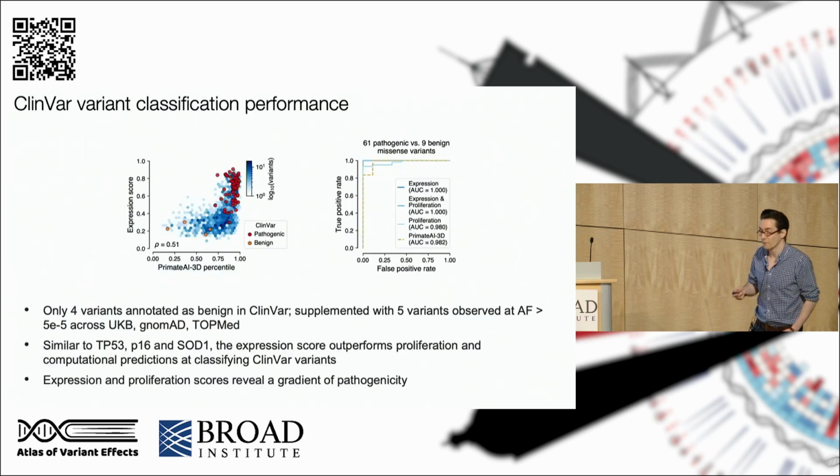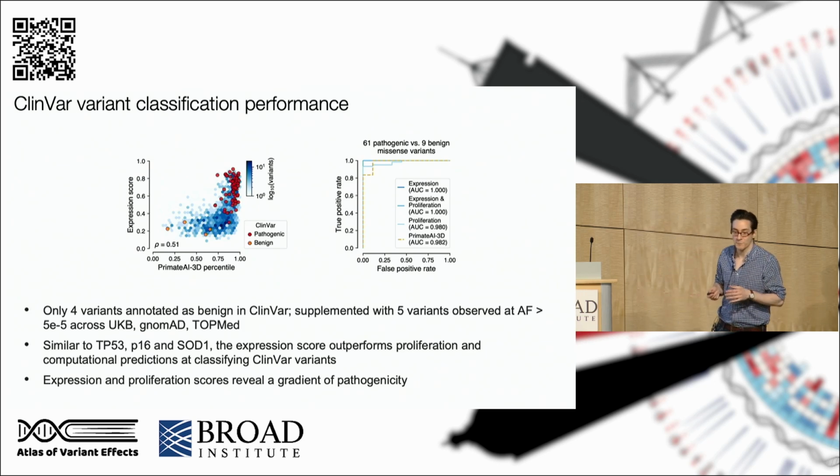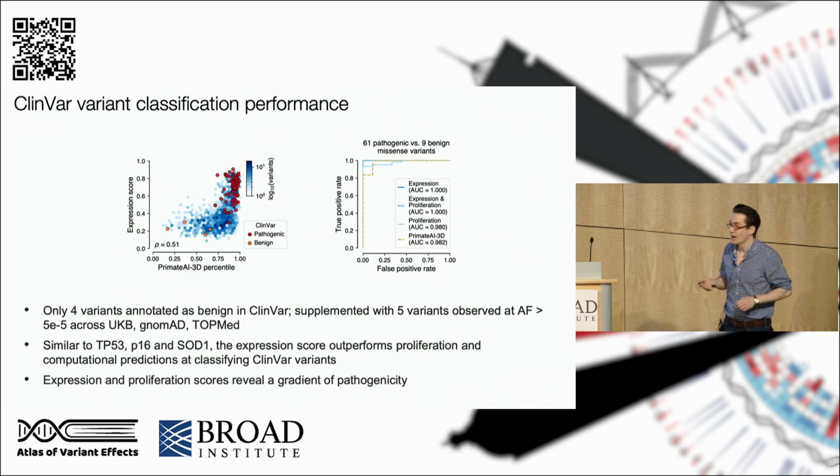We then, of course, want to benchmark the performance of our scores. And this can be quite challenging in some cases, especially because of the very small number of benign variants that are often annotated in ClinVar. So what we're doing is we take variants that we observe at moderately common but still quite rare frequencies in UK Biobank, gnomAD, TOPMed, et cetera, to complement putatively benign variants in this benchmark.